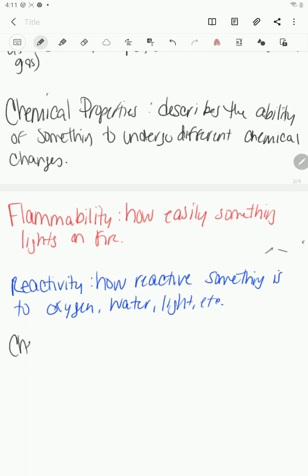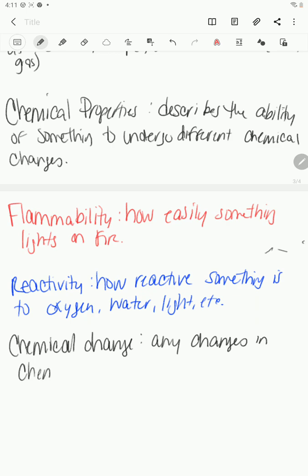So if we talk about chemical change, we talk about any changes in chemical properties, right? So for example, if you have a log and it catches on fire and it makes ashes, that is a chemical change, right? Because it was a solid and now it is a semi-solid.